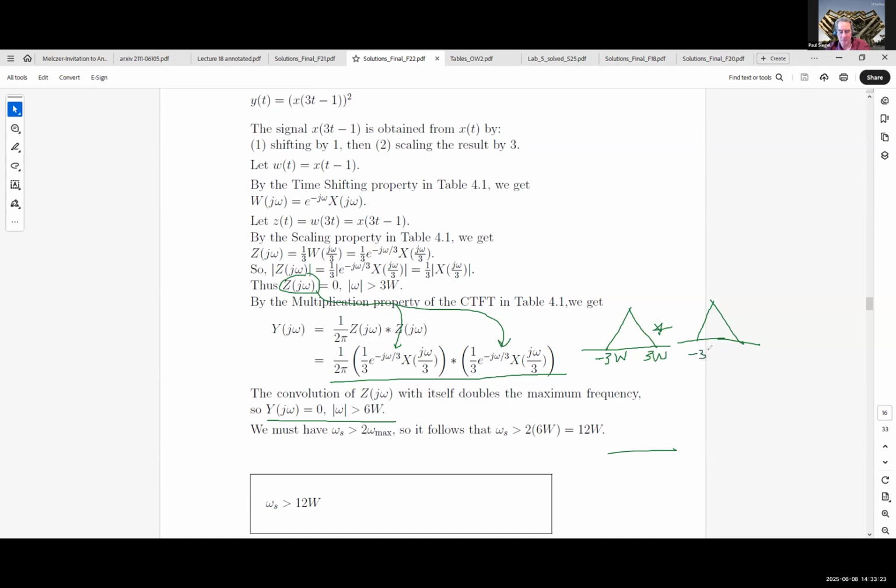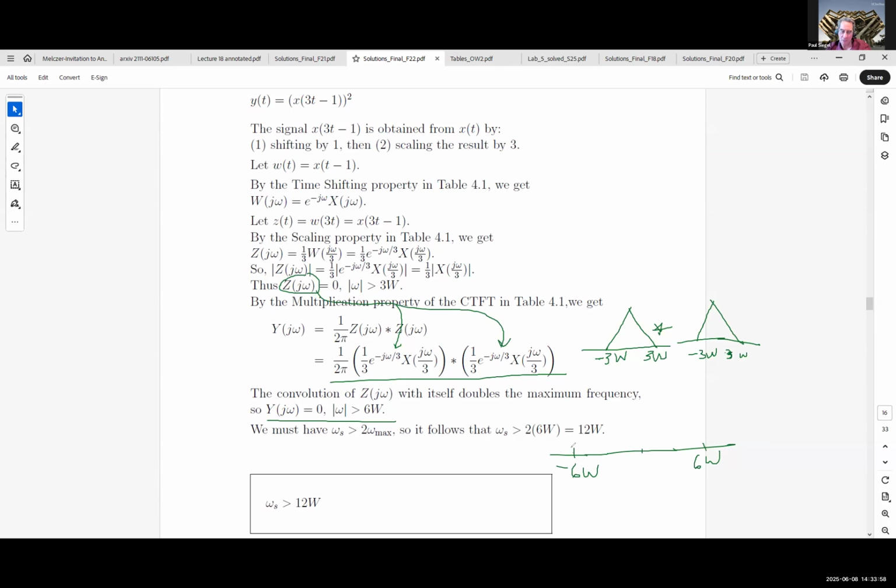So we know that's going to end up giving us something that is going to range out to minus 6W to 6W. And so that now becomes the corresponding maximum frequency for that Y of j omega.